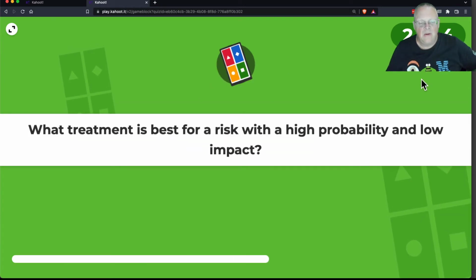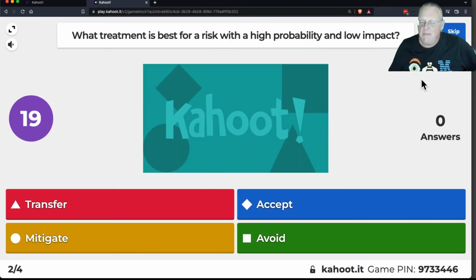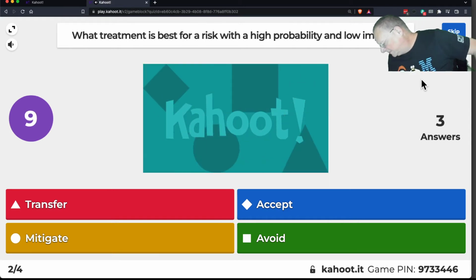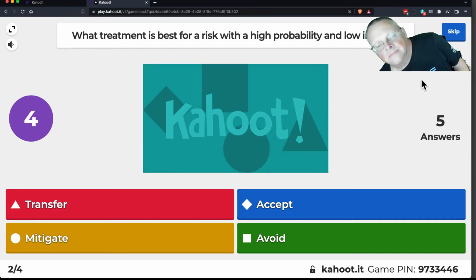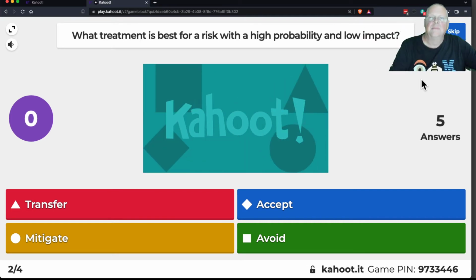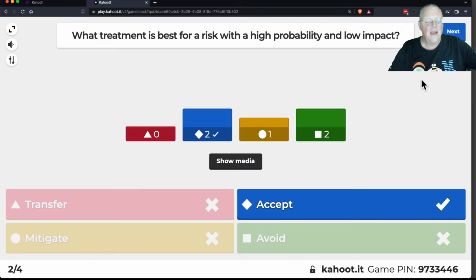All right, if you have a high probability and a low impact, what should you do? Those you accept, things that are very likely to happen and don't hurt you very much. It's better to just let them happen instead of wasting a lot of time and energy trying to prevent them.